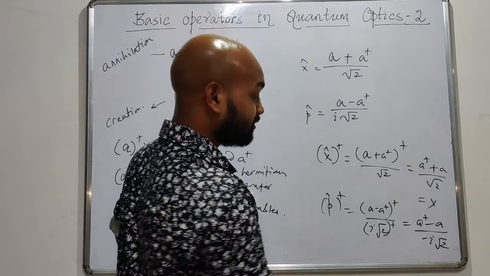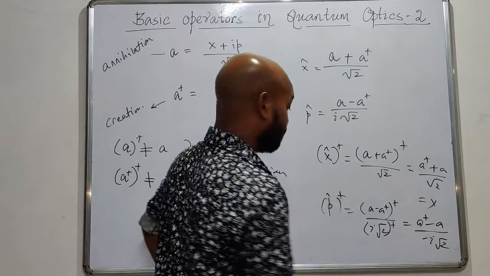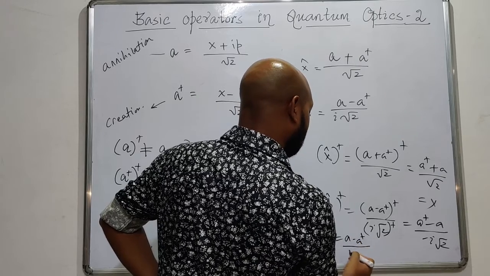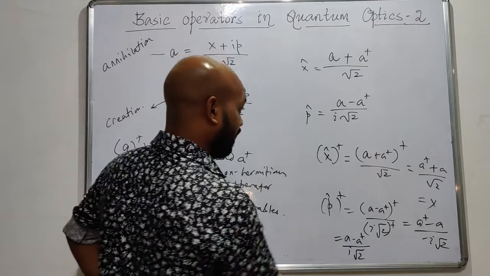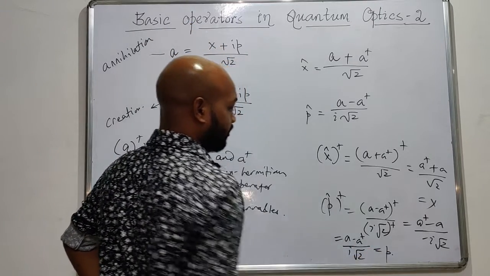What I do next is I take this minus sign to flip these two terms upstairs. So I get (A minus A dagger) by i times root 2. Alright. And you could see this is the same as your p operator.